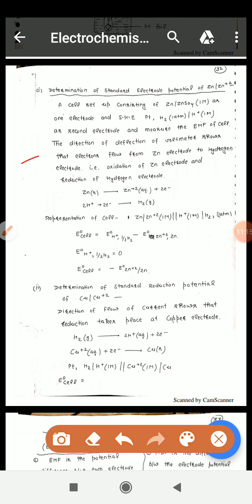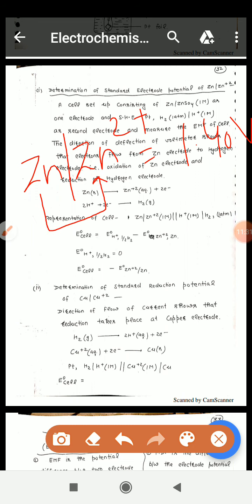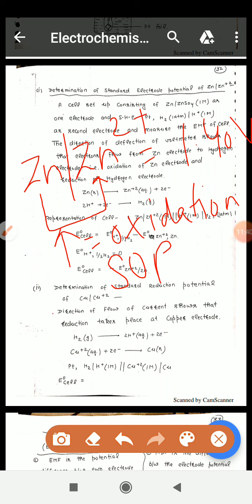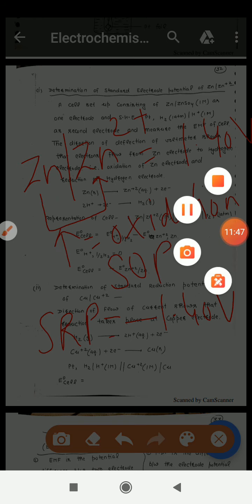Again, if this is given, Zn to Zn²⁺, and the value given is, for example, 1.40 volt. If we want to write the SRP, standard reduction potential, metal converted into ion means charge increase, so this is the oxidation, and this is the SOP, but we require the SRP, so the value becomes minus 1.40 volt.